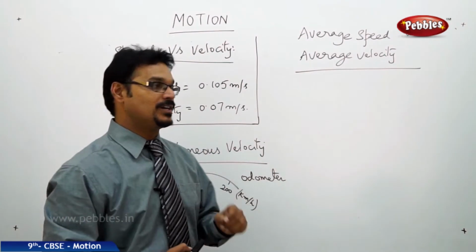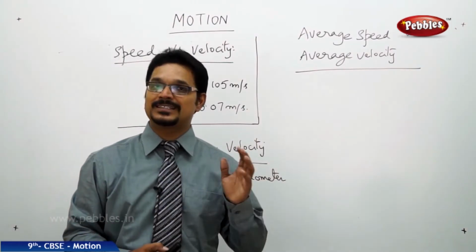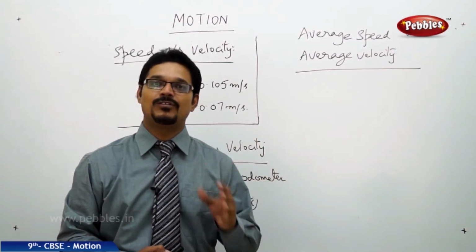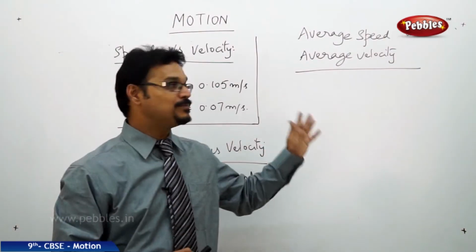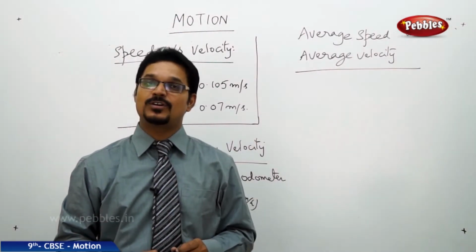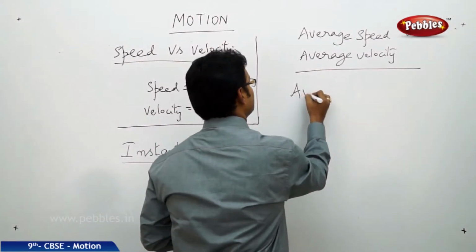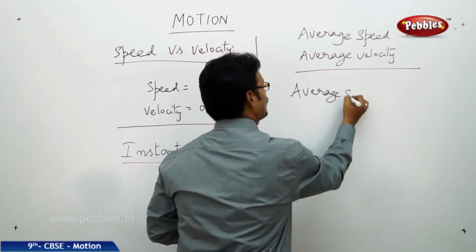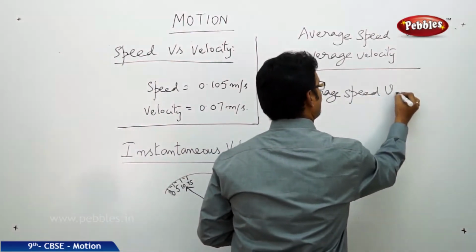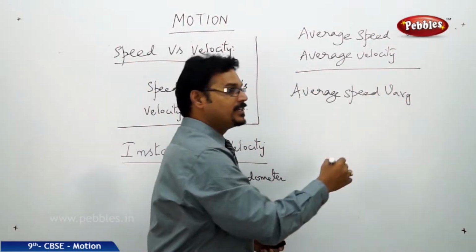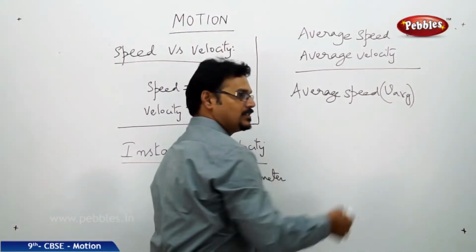So how do we measure? Yes, of course, physics gives formulas for each and everything. Average speed and average velocity also have formulae. Let me tell you, average speed. The symbol I am using here, V average, is just a symbolic representation.